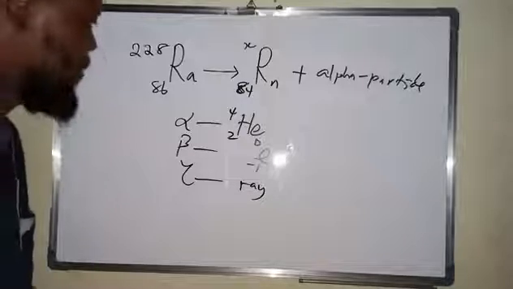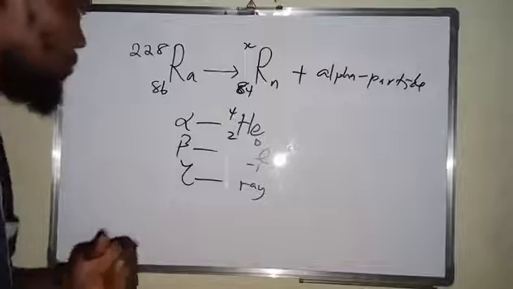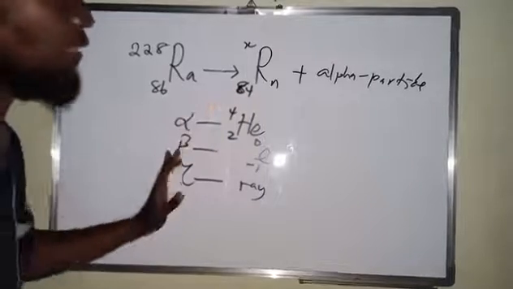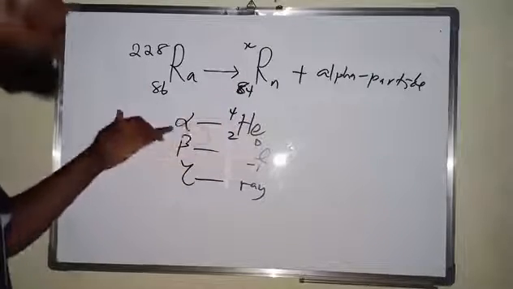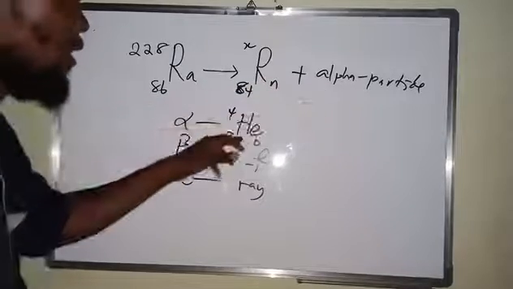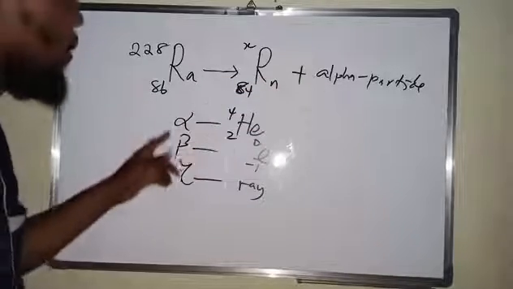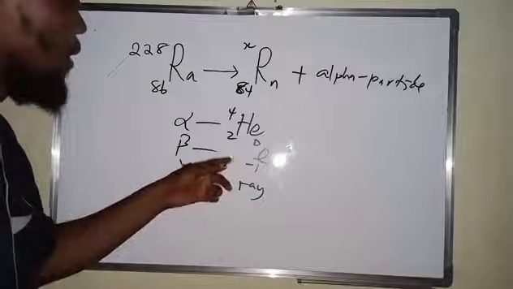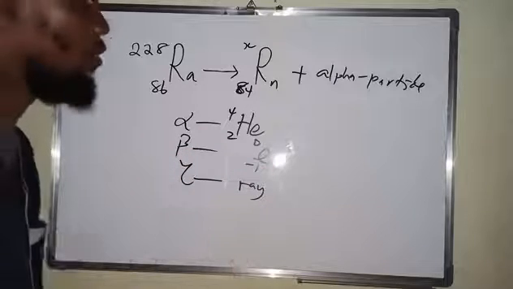So in radioactive decay, these radiations are given. If it is an alpha decay, then we expect emission of an alpha particle, that is a helium nucleus. If it's by beta decay, then we expect an emission of a beta particle, which is an electron.